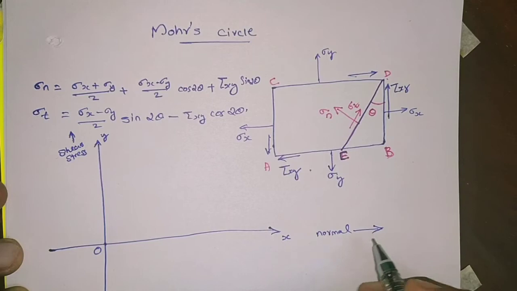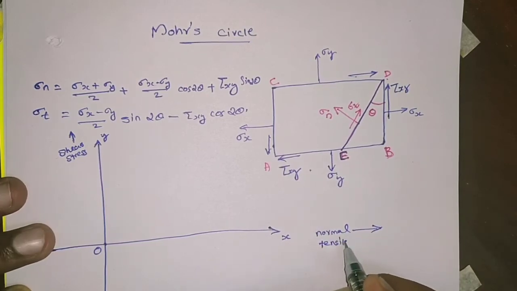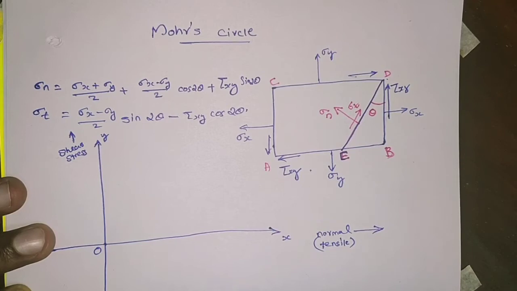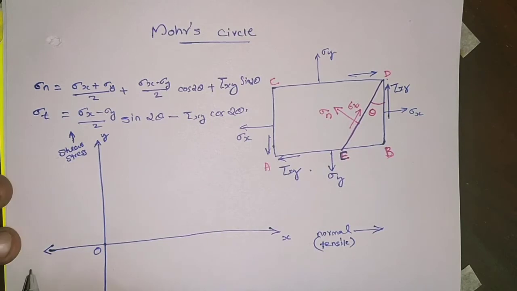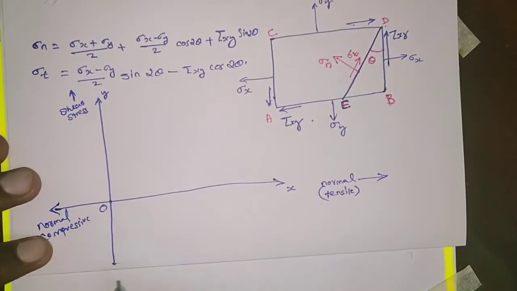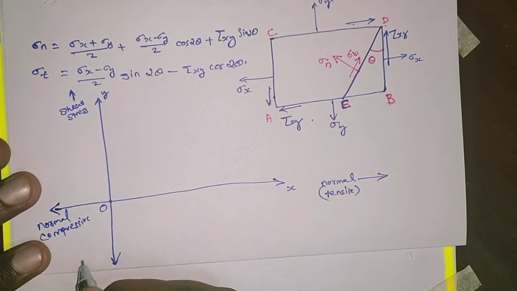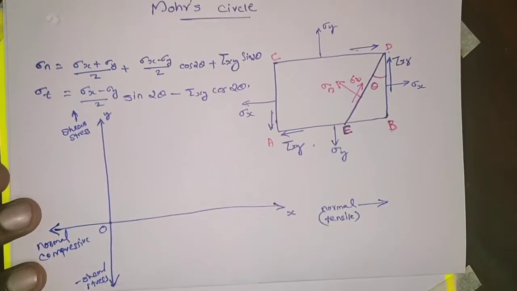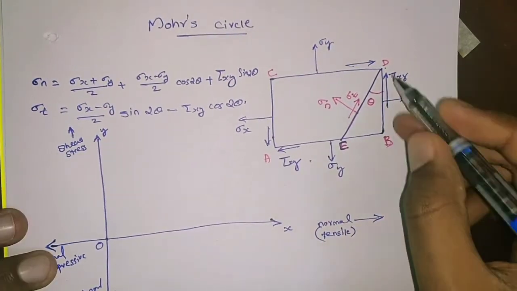We take tensile stress as positive, so all the tensile normal stresses should be drawn towards the right side, and in the opposite direction the compressive normal stress is represented in the negative x dash, and similarly the negative shear stress is represented in the downward y dash. So next I am going to represent this BD plane.